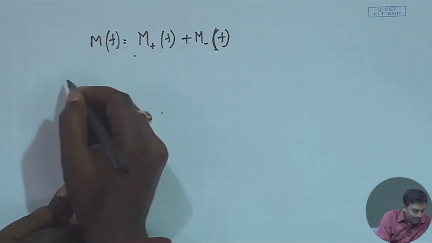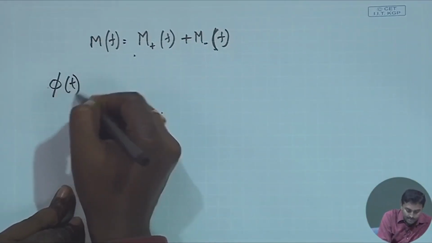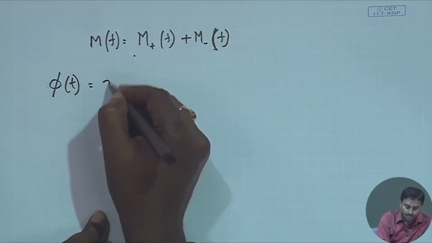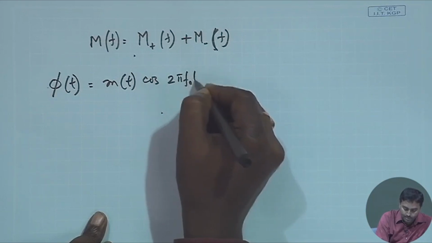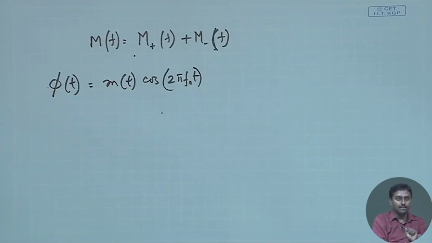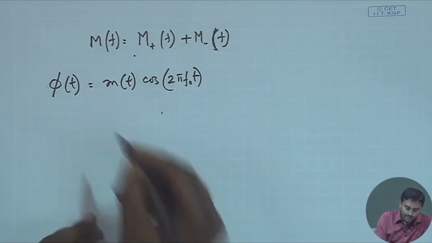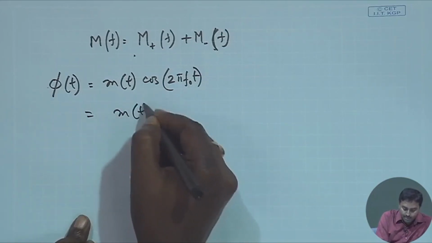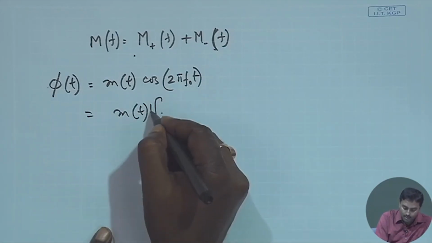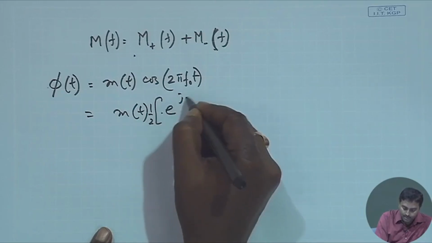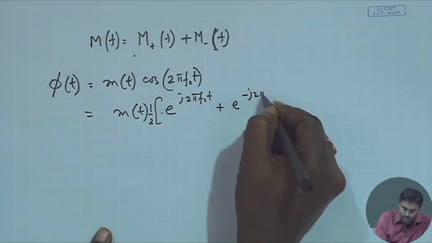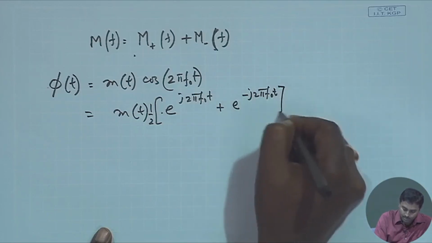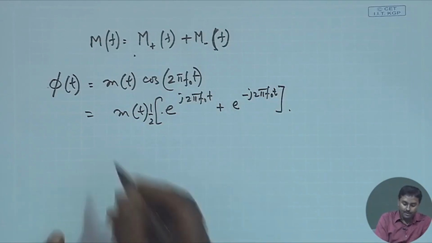So, what is happening? If I represent this phi(t) as my m(t) into cos 2 pi f0 t, just after the first multiplication in the upper arm, right, I can write this as m(t) into half e to the power j 2 pi f0 t plus e to the power minus j 2 pi f0 t, right. I can write it this way.